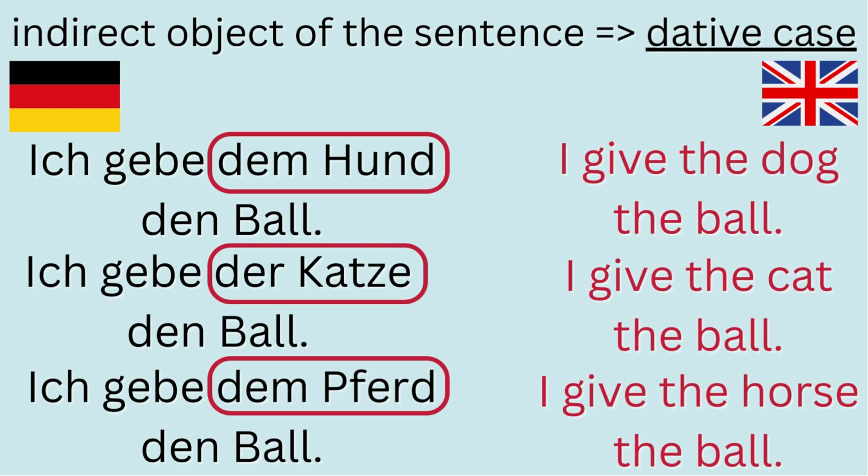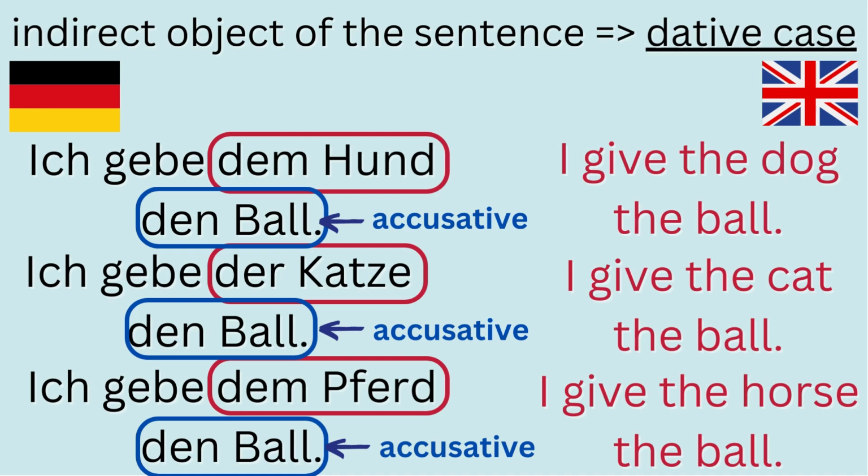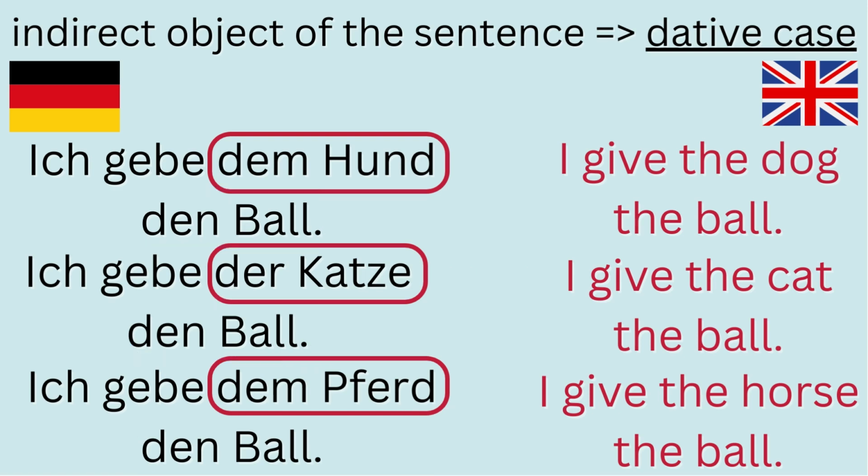So here, the ball, den Ball, der Ball changes to den Ball, because that's the accusative, that's the direct object, the thing that's being given, right? And the recipient would be dem Hund, der Katze, dem Pferd. That's the dative case. So for indirect objects, I'm using the dative case in German. And you can see changes for all three genders. So for the masculine and for the neutral, in this case, it's the same.